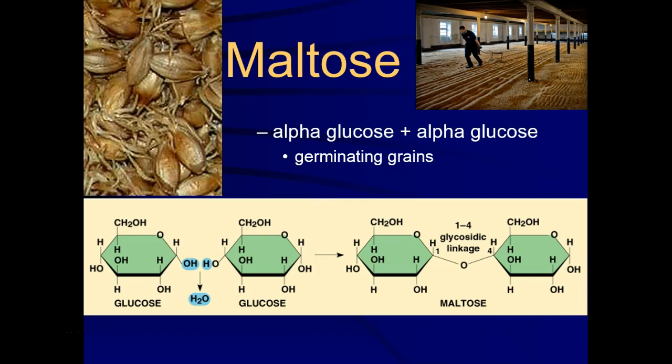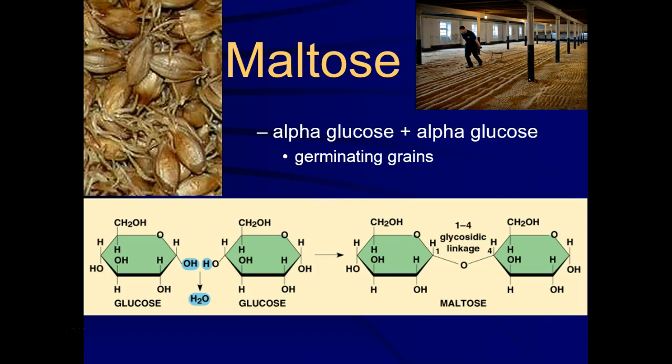Now let's look at the molecule here. You'll notice that to form maltose, we have a dehydration reaction. So we have a hydroxyl group and a hydrogen joined together to make water. So, dehydration. And it forms a strong covalent bond that joins both alpha glucoses together.